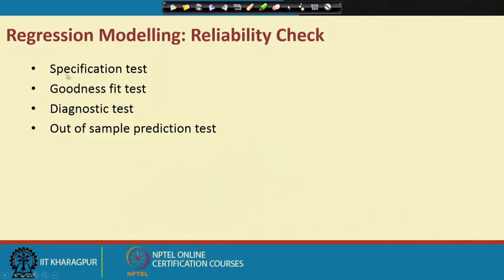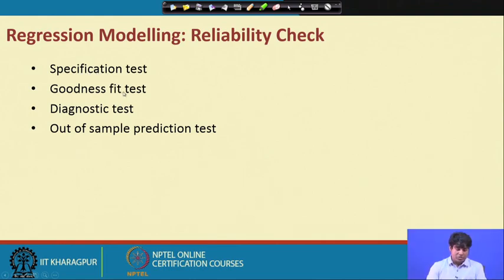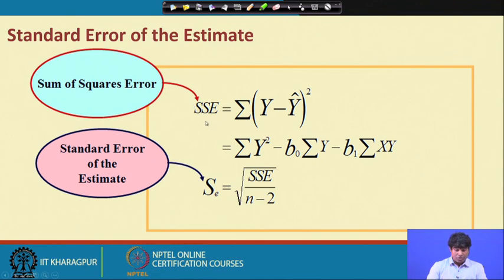Here, the specification test structure which we have already discussed depends upon the standard errors, which in turn depend upon the sum of squares, that is the difference between y minus y hat squared.